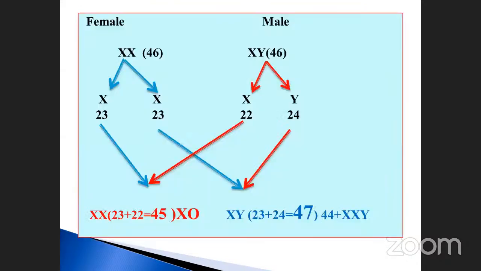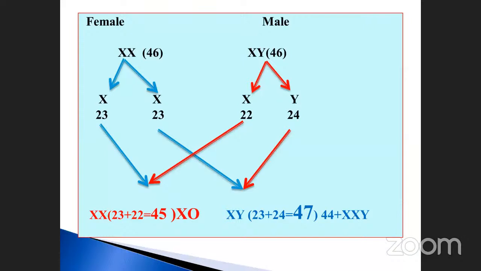So the chromosome number. See here, we already discussed: in the female, the somatic cell has 46 chromosomes. Male also 46. During gamete formation, the female is homozygous, so she will produce gametes with X chromosomes, each carrying 23.